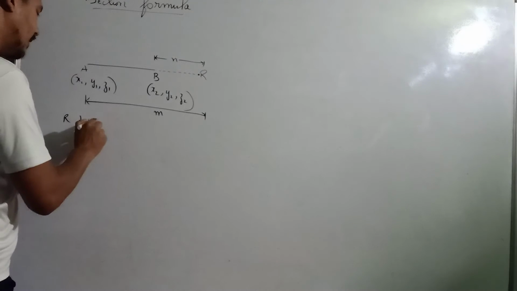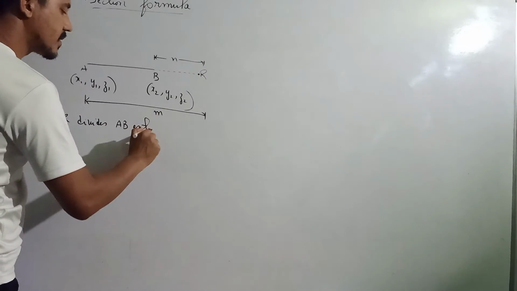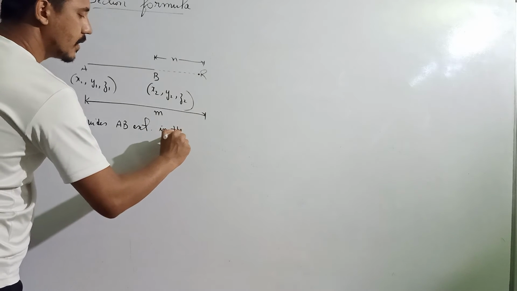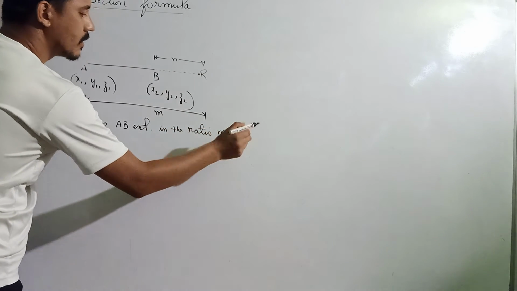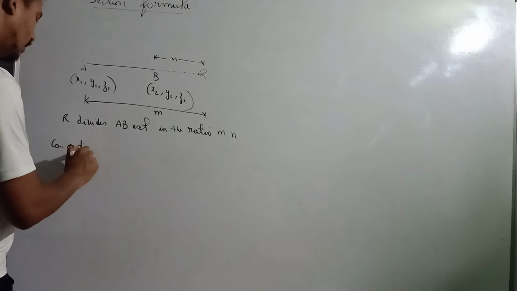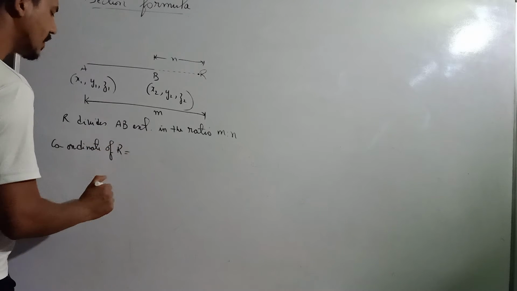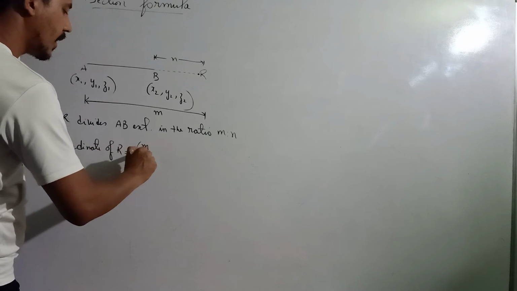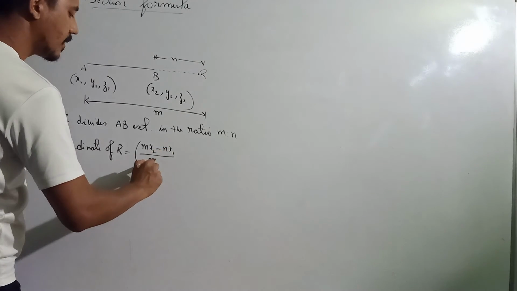So R divides AB externally in the ratio m is to n. Then the coordinate of R can be determined by using the formula mx2 minus nx1 upon m minus n.